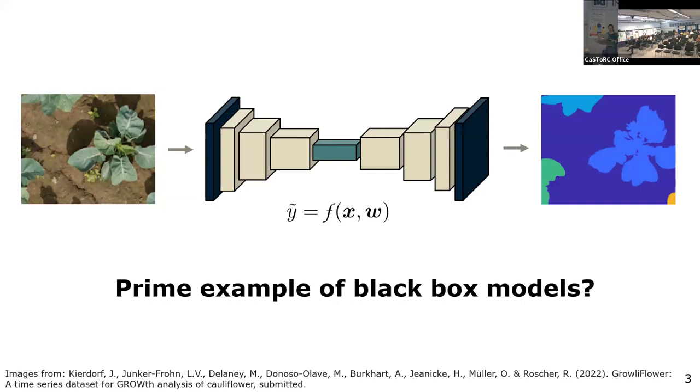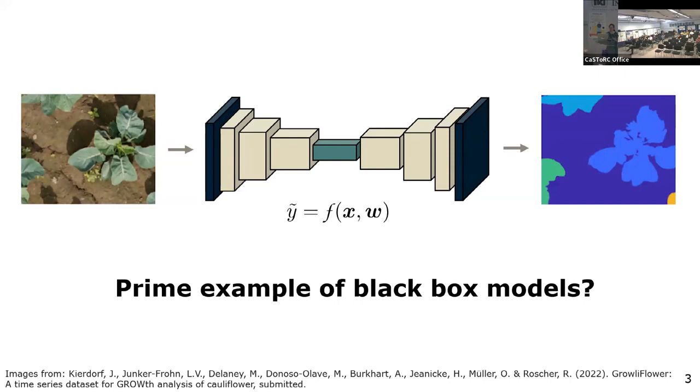Each of these blocks illustrates an intermediate result after applying these nonlinear operations. Very often these networks have a lot of parameters, which can be millions of parameters. They are denoted here with W. X is the input and Y is the output.